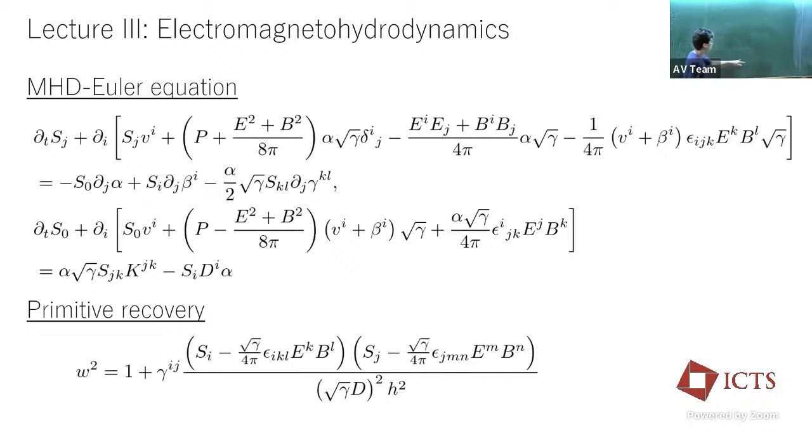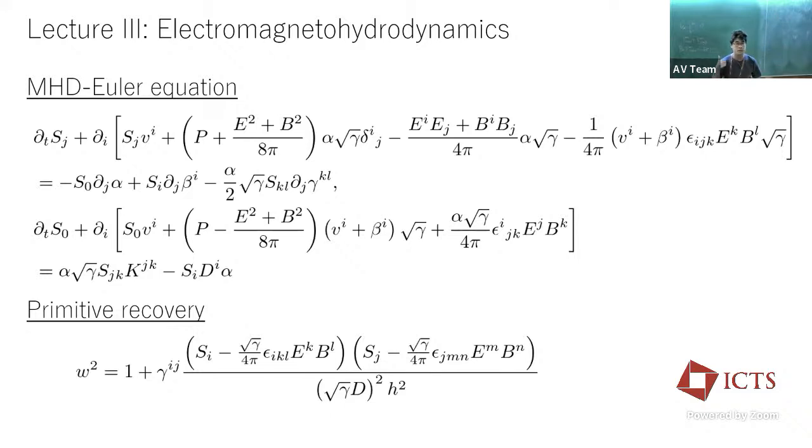By using the Maxwell equation in the curved spacetime, this term is going to be the Lorentz force, right? And this describes the evolution of the densities, momentum, and energies.